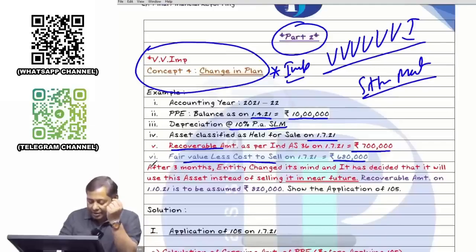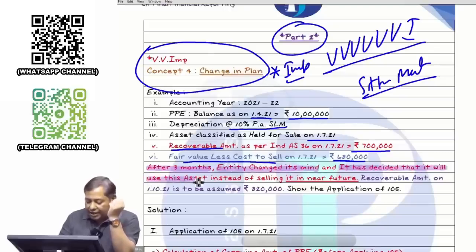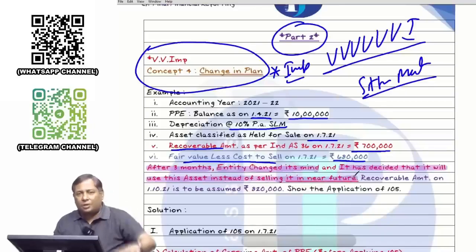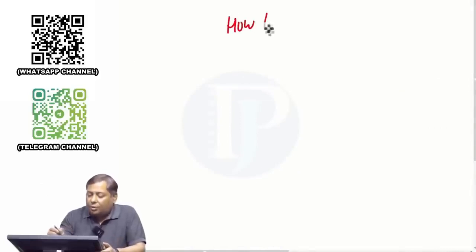What did I write in the example? After 3 months. Okay, after 3 months. So the entity has changed its mind. It has decided that it will use this asset instead of selling it in near future. They don't want to sell it, they will use it. What should we do? Now we start from the beginning. First, how to apply.